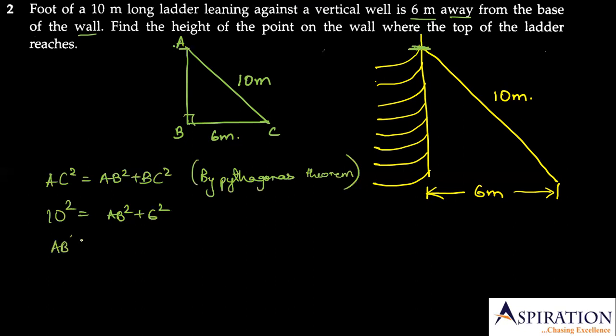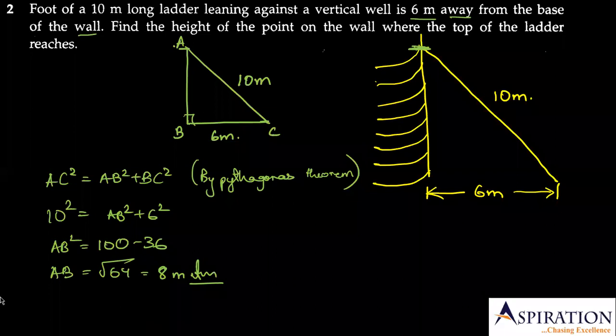AB square is equal to 100 minus 36. AB is equal to root over 64, that means this will be 8 meters. That's your answer. Clear? Please copy.